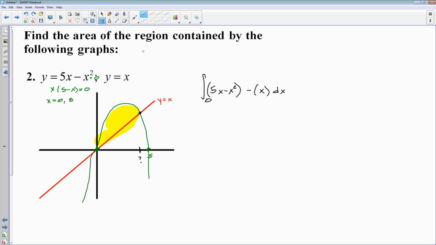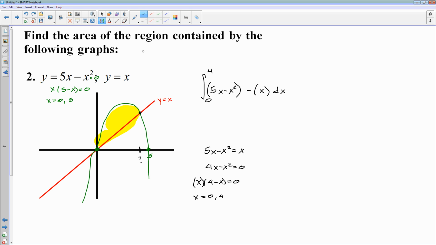So what we need to do is find the intersection of those two graphs, which means we'll set the equations equal to each other. So 5x minus x squared equals x. Move the x over: 4x minus x squared equals 0. Factor out the x, and you get x equals 0 for this factor, which we already knew, and 4 is the one that we weren't aware of.